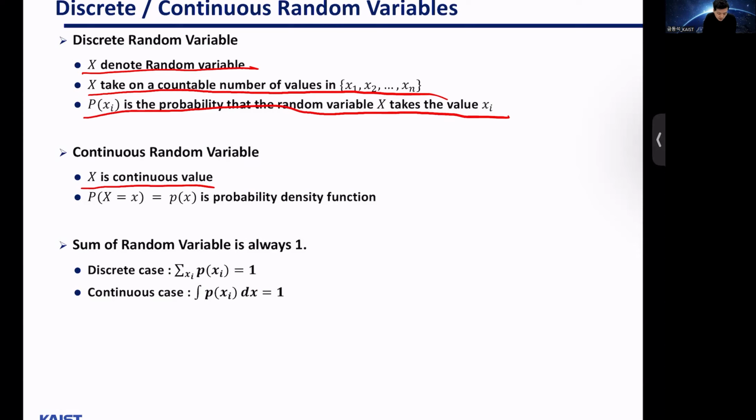P of capital X equals small x, equals small p of x, is the probability density function. The sum of these probabilities is always 1, meaning that if you sum all the probability over all xi, that equals 1. And the same goes with the continuous case, but because it's continuous, you need to integrate that over the random variable.